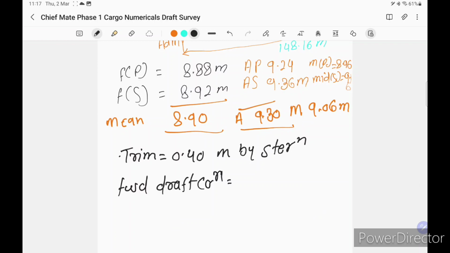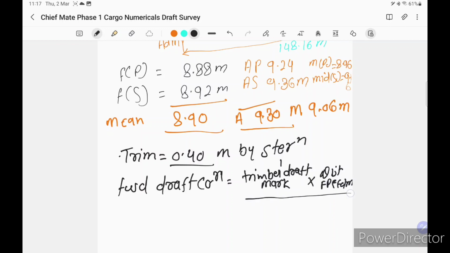So the formula for forward draft correction is trim between the draft marks, so our trim is 0.4, into distance between forward perpendicular and forward draft mark, divided by distance between forward and aft draft mark.